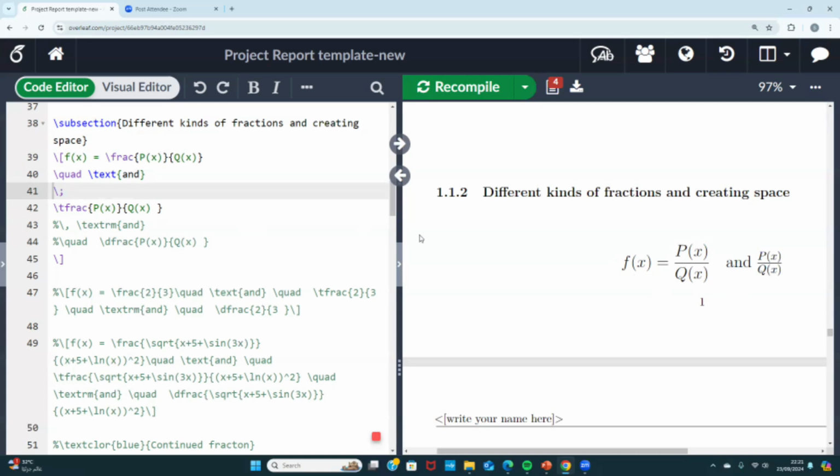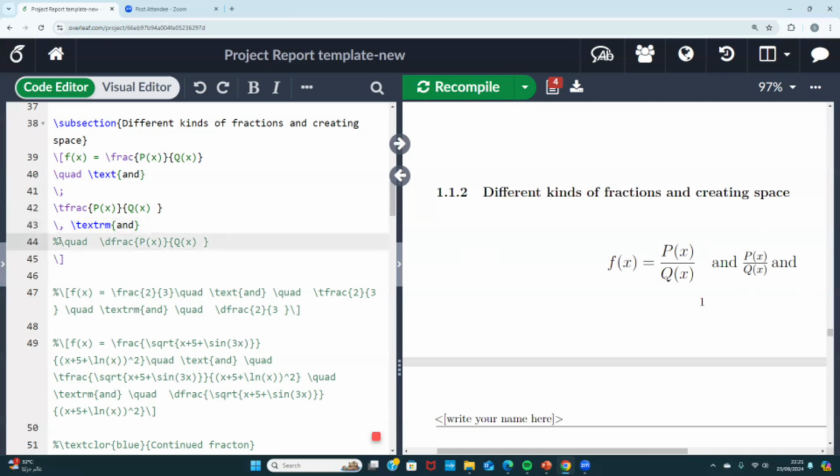So quad gives a bigger space, backslash colon gives a smaller one, and then we'll take backslash comma. This also gives us a space, but less than the colon. So here you see that the tfrac has a very small space.